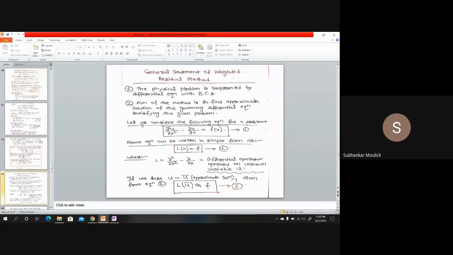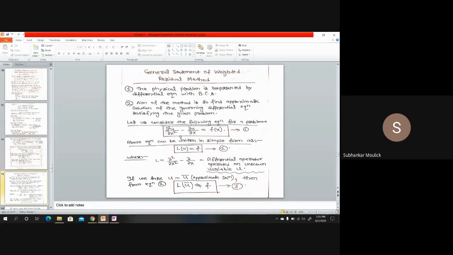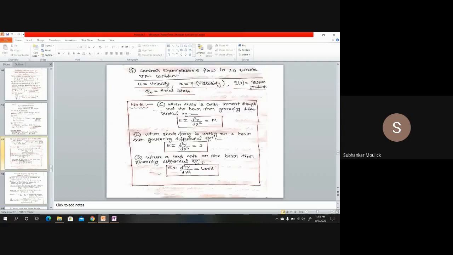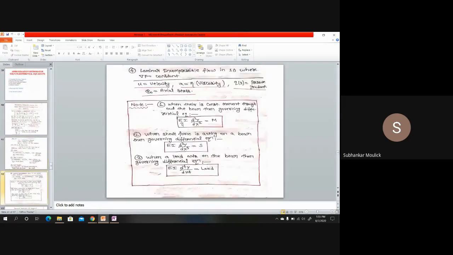What is the second step? What is our aim? Our aim is to find out the approximate solution of the given differential equation. Let us assume that the given differential equation is this, that is del 2u by del x2 minus del u by del x equal to f(x). This is one form of the general differential equation, which is valid for a problem.